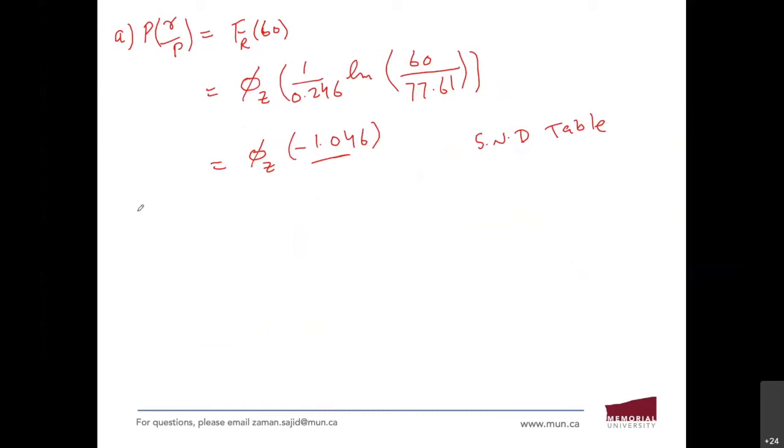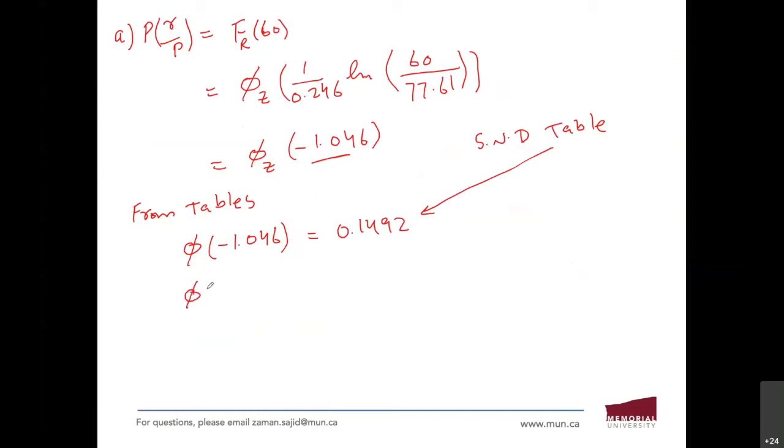From the tables, I had two values. One was at minus 1.04, which was 0.1492. This is not a magic number, it is coming from our tables.